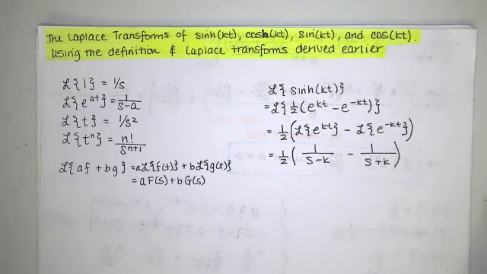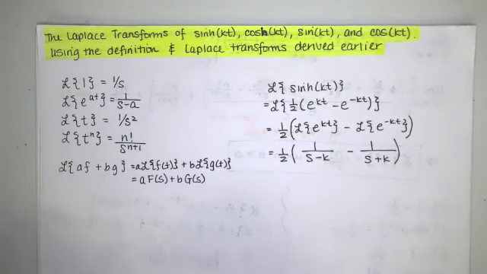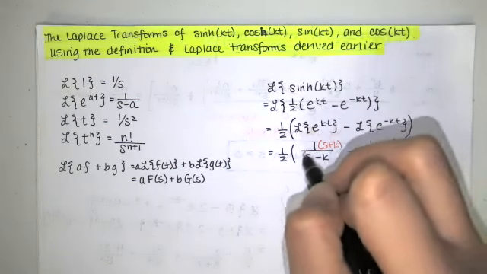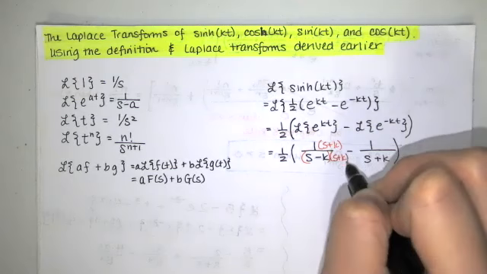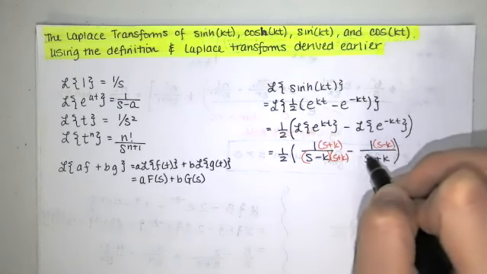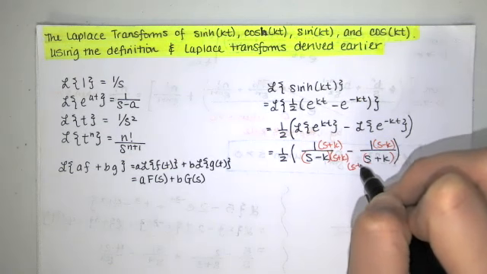Now, if I get a common denominator, and that's typically done when we're finding the Laplace transform of the hyperbolic sine, it's usually just written as a single fraction. If I wanted to do that, I would multiply this fraction by s plus k over s plus k, and I would multiply this fraction by s minus k over s minus k.